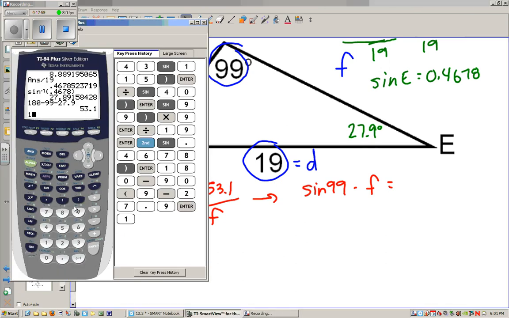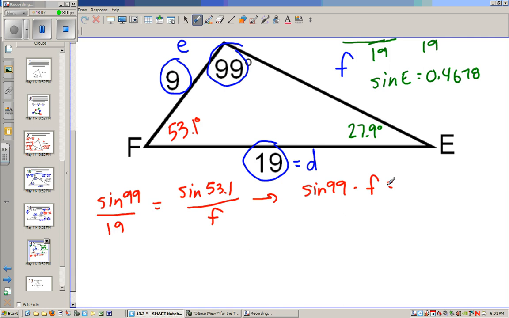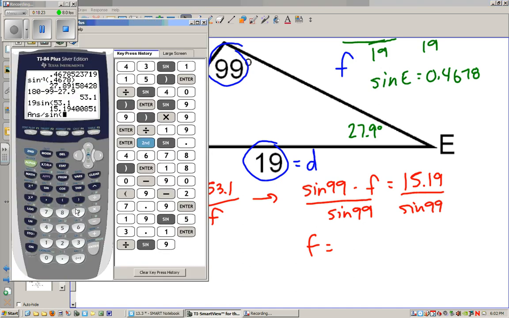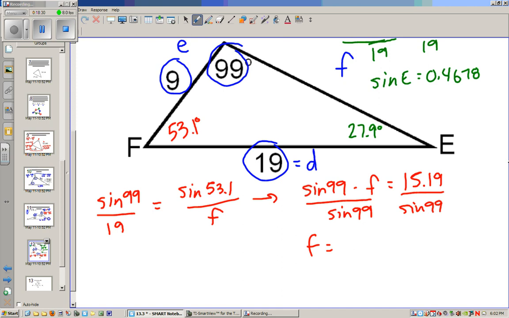So 19 times the sine of 53.1, and we get 15.19. Divide that by the sine of 99, and side length F is going to be 15.38.